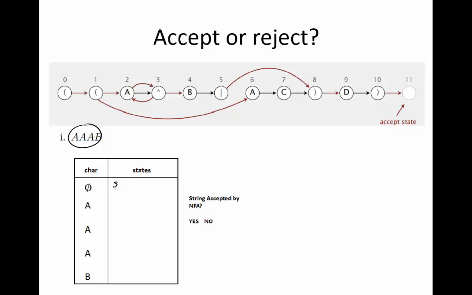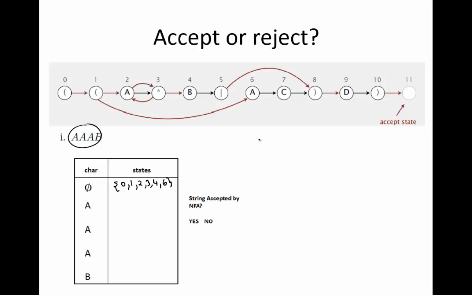So for instance, even if you don't read any characters, you can be in state 0, or you can take epsilon transitions to 1, 2, 3, 4, or if you're in 1, you can take a transition to 6. So even before you read any characters, you can be in state 0, 1, 2, 3, 4, 6.